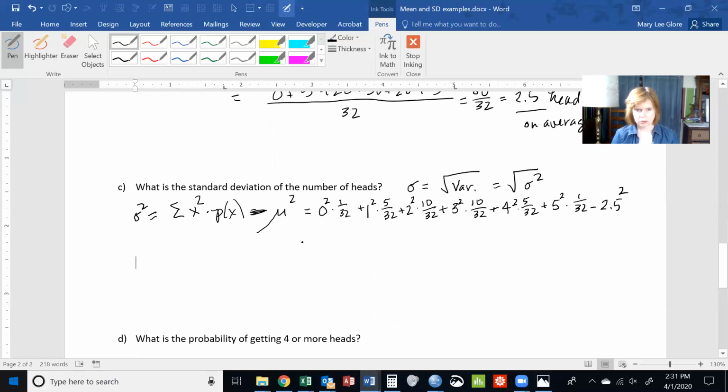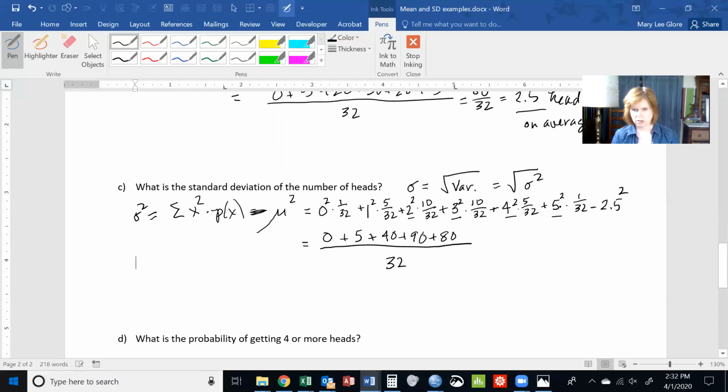Okay. So again, I have everything over 32. So I get 0 squared times 1, that's 0. 1 squared times 5, 1 squared is 1, times 5 is 5. 2 squared is 4 times 10 is 40. 3 squared is 9 times 10 is 90. 4 squared is 16 times 5 is 80.